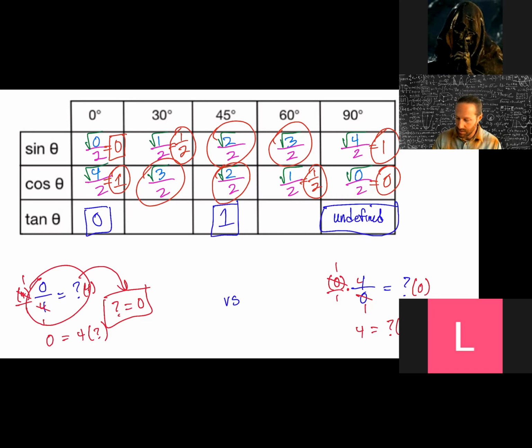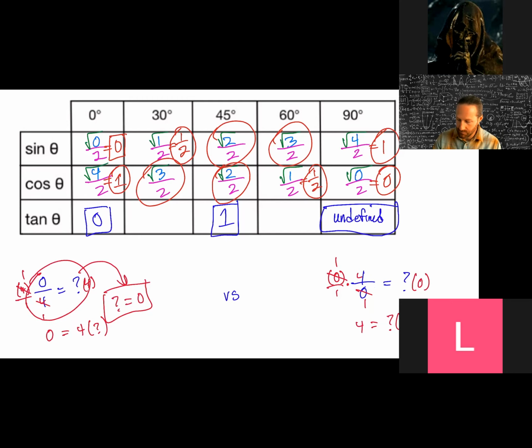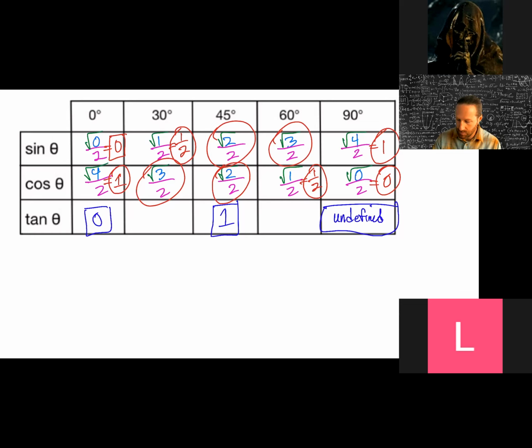Okay. Last few things here. How do we do those? Well, we just take what we know. We have 1/2 and we're trying to divide it by a √3/2. Or we have a √3/2 and we're trying to divide it by the 1/2.